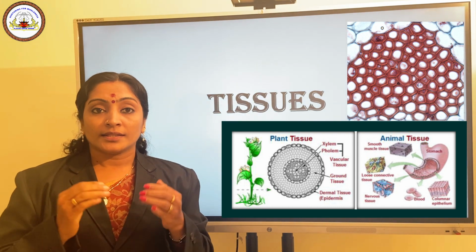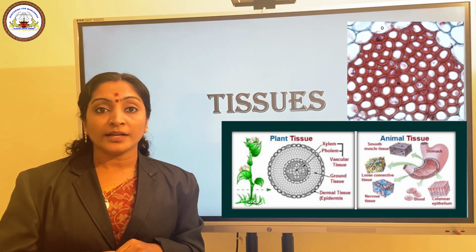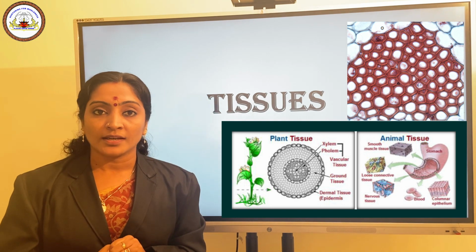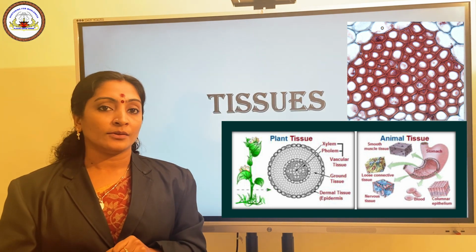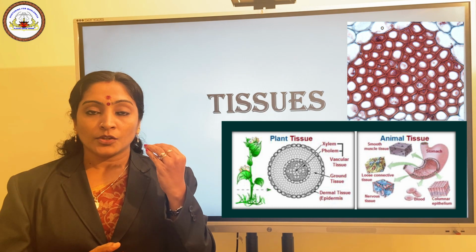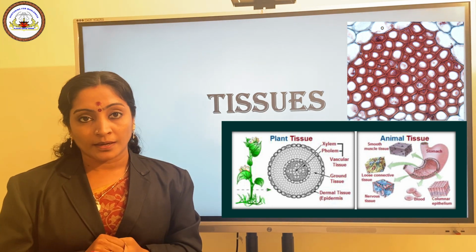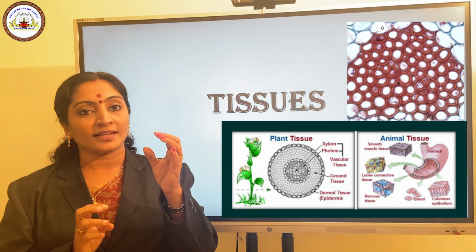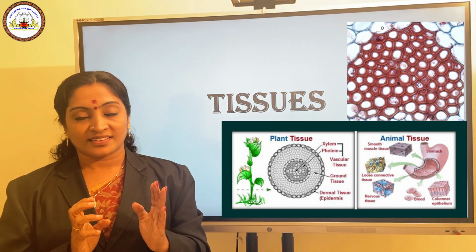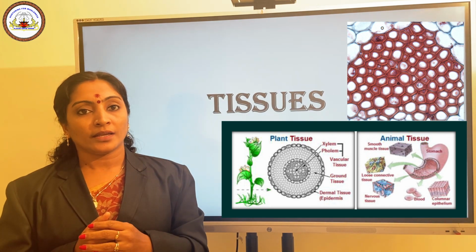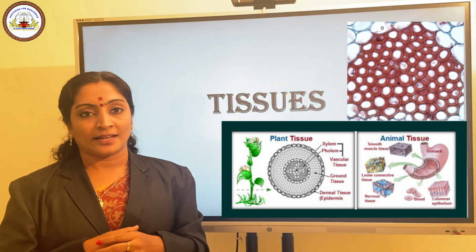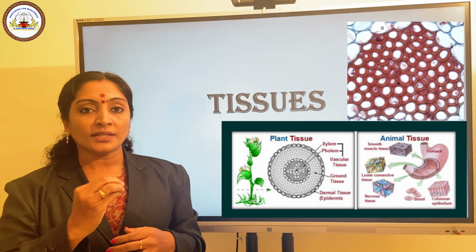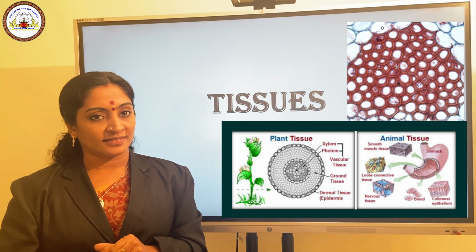We know that living organisms are classified into two on the basis of the number of cells, that is unicellular organisms and multicellular organisms. In unicellular organisms like amoeba, each and every life process is carried out by that single cell itself. For example, digestion is carried out by that single cell. Then intake of food, excretion of waste from the body. All these processes are carried out by that single cell.